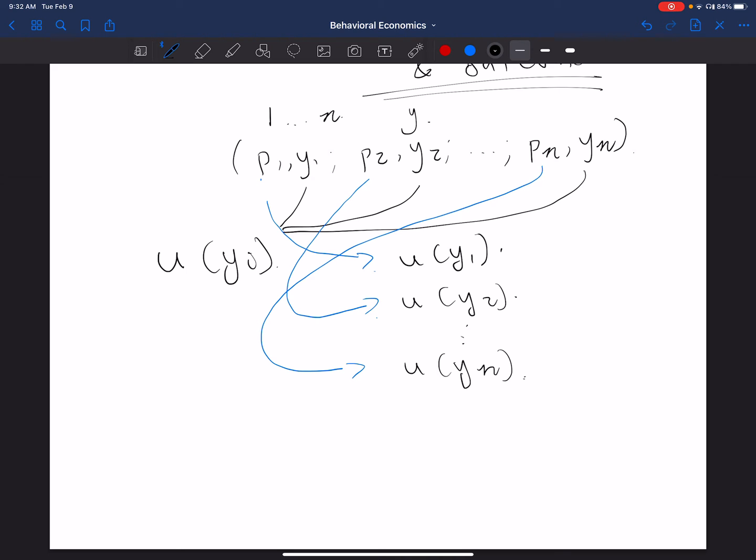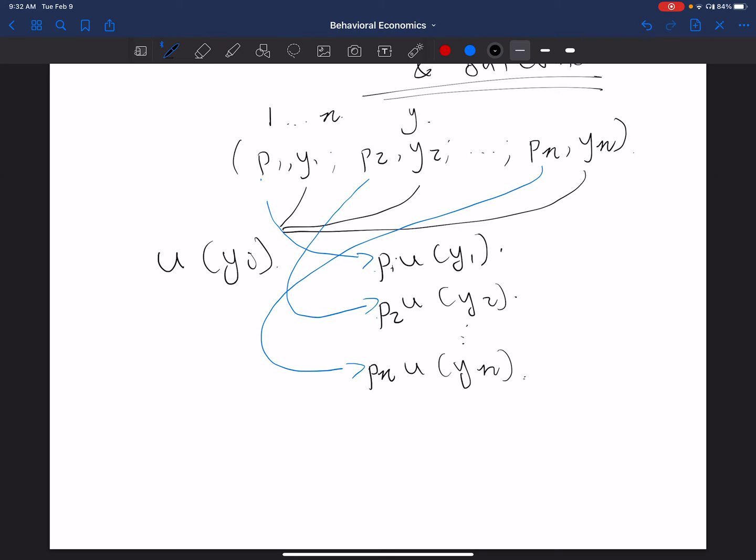So u of y1 occurs with probability p1, u of y2 occurs with probability p2, u of yn occurs with probability pn. So we have y1, y2 all the way down to yn, each occurring with different probabilities, p1, p2, all the way down to pn. We're thinking about this prospect with these different outcomes and probabilities.